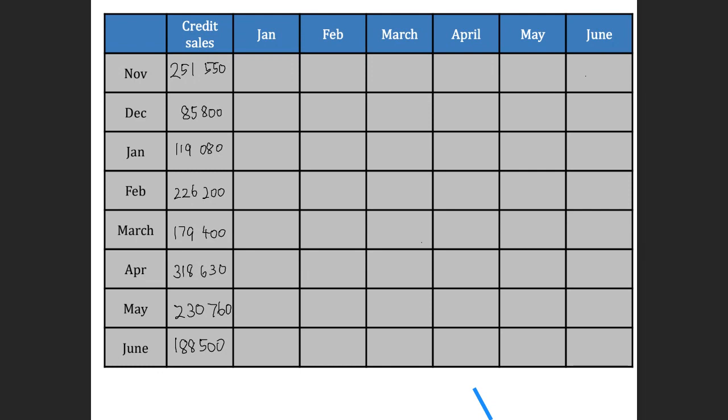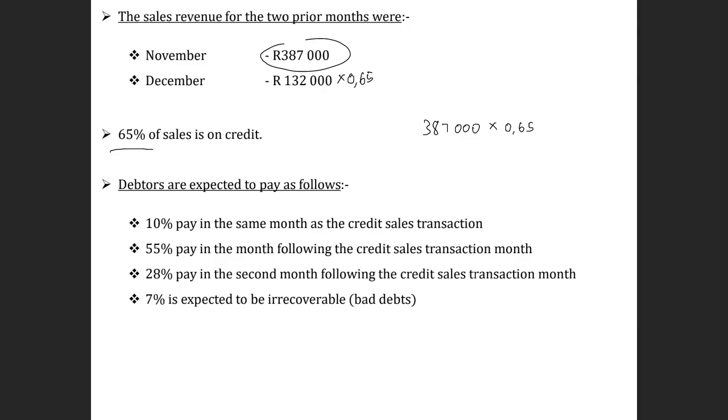So now you're going to look at your schedule, determine what the payments are that are received in each particular month. So the schedule said to you 10% would have been paid in the same month. So the idea here is if it is paid in the same month, most likely the transaction would have taken place, for example, on the 1st of March, and the customer would have taken the goods then on credit, but they would only pay you, for instance, on the 31st of March.